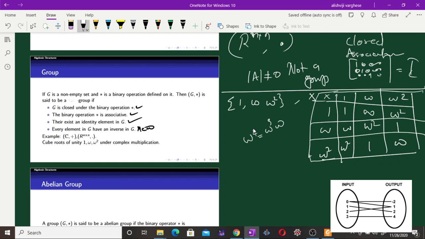This concept can be extended: the set of all fourth roots of unity under multiplication will again form a group, and that can again be represented in tabular form. If you have such a tabular representation of a binary operation, then checking whether it is a group or not becomes much simpler. Just observe the elements here.